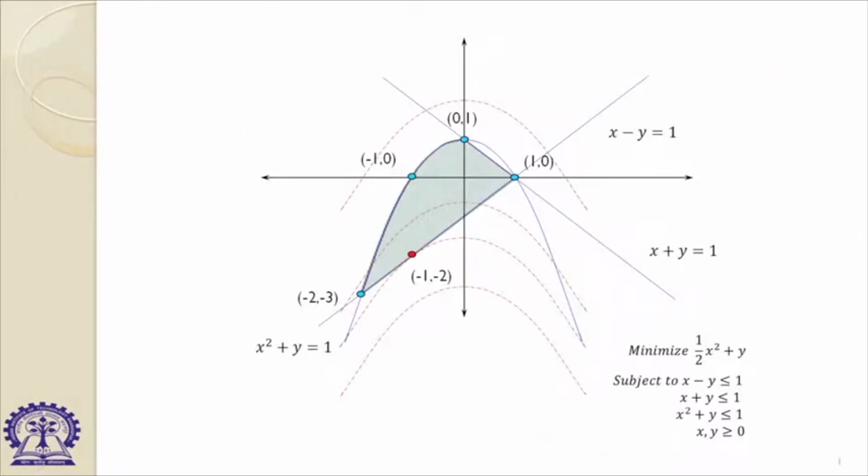This is my problem. Now, let me draw the function. If I draw it, then this is the line x minus y is equal to 1. This is another line, x plus y is equal to 1.